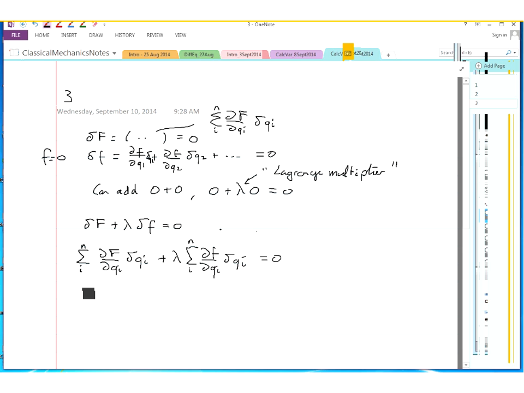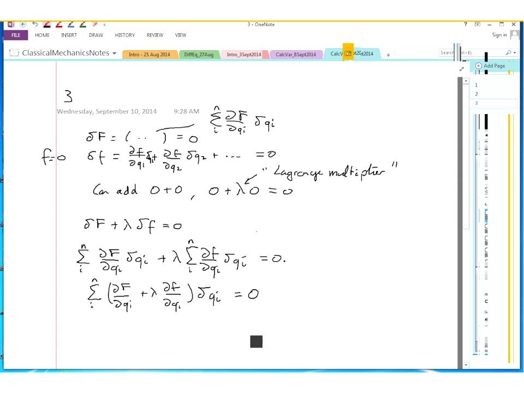So now we can write this out as one term, because the delta Qi's are the same and the sum is over the same number of terms. So that's di F by di Qi plus lambda times di little f by di Qi, times delta Qi, equals 0.